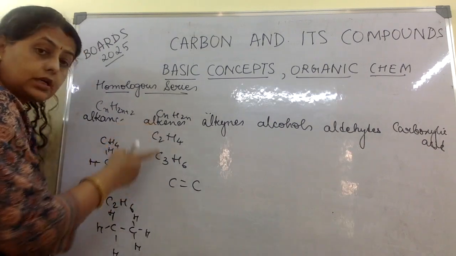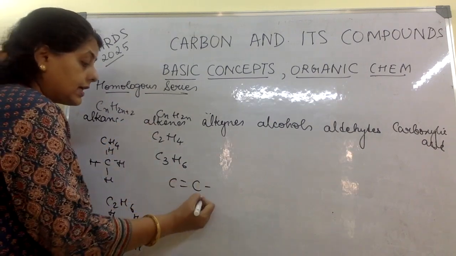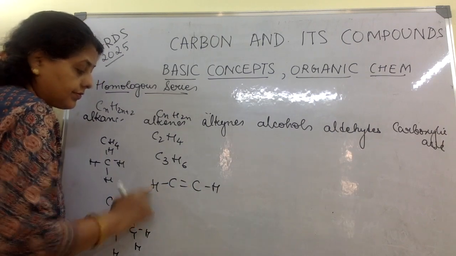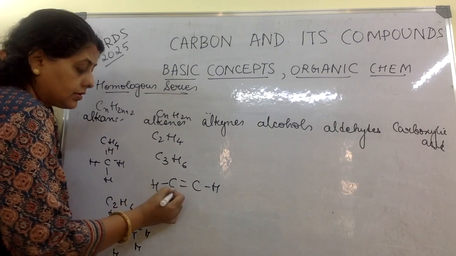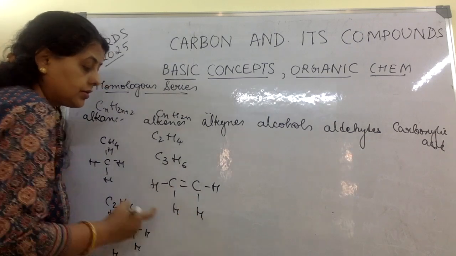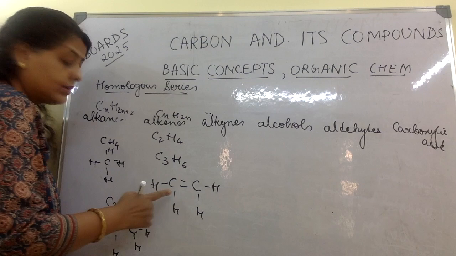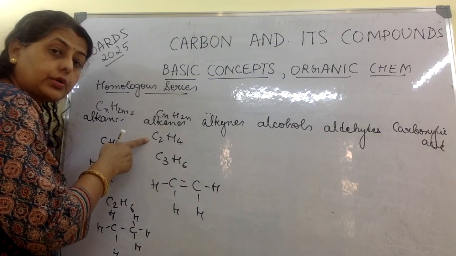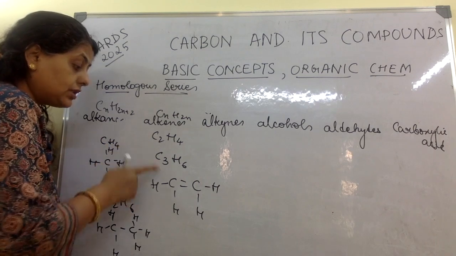Here we start with the double bond in alkenes, and now see, hydrogen, and hydrogen and hydrogen. This is C2H4. If C2H4, this is how it is formed.